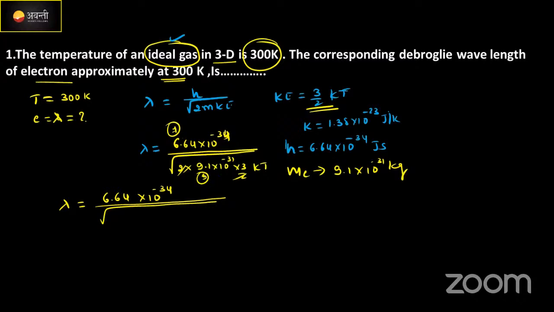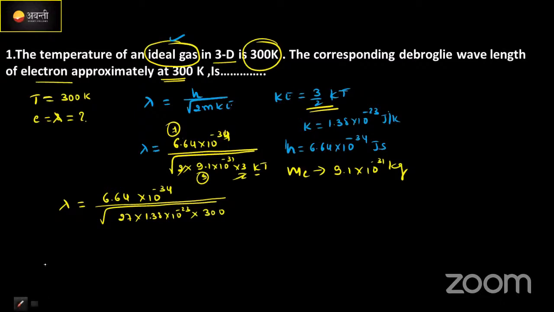Okay, and then here 3 9s are 27. 27 into the value of k, which is 1.38 into 10 to the power of minus 23, into the value of T, which is 300, correct?